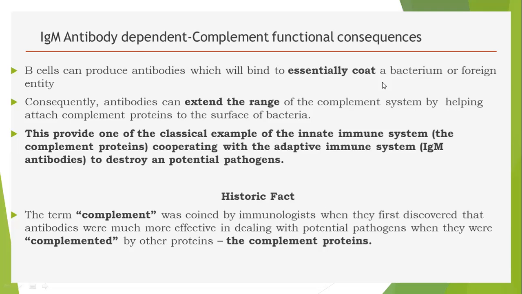And as they do that, together with the complement, which is also bringing together a number of complement molecules, it's able to extend the range of the activity of the immune system, as it is able to ensure a state of neutralization within that particular infection.